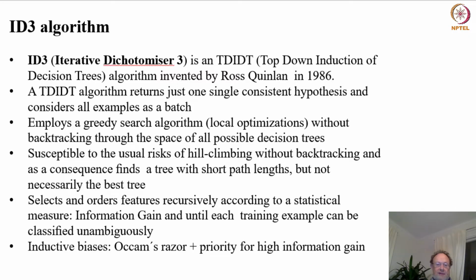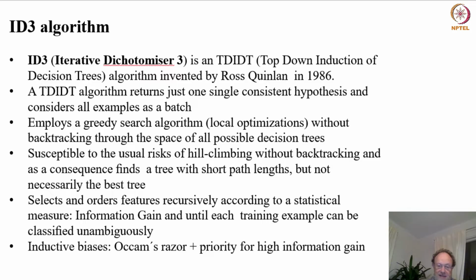On one hand, it prioritizes simplicity, which means it applies Occam's razor by always choosing the simplest tree structure possible. But also, as already mentioned, it systematically prioritizes high information gain when selecting features to discriminate among instances.